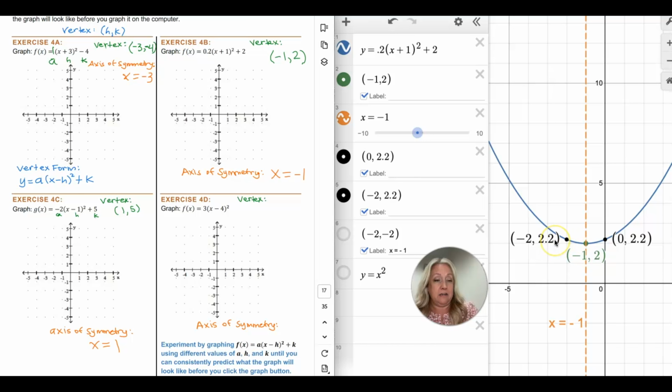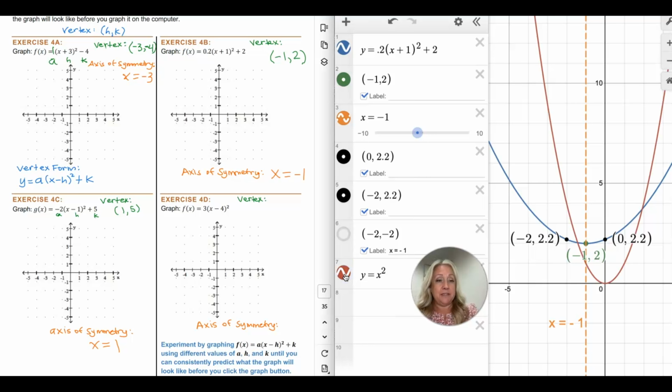And we'll get there at (-2, 2.2). All right, and if we compare that to the y = x² graph, we can see, yeah, the graph that we have is a lot wider than what our original graph looks like. Let's take a look at that next one.